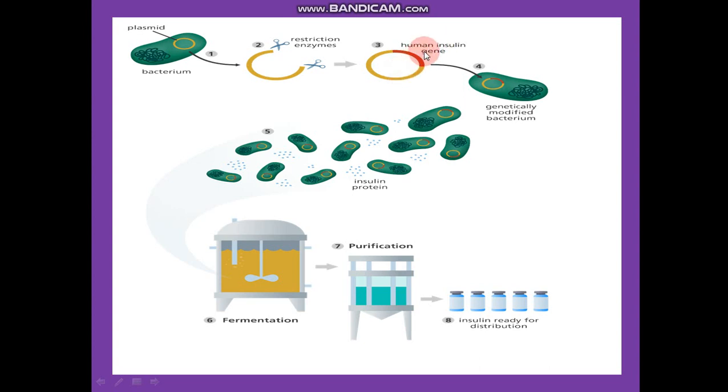In different books, in different literature, you will find different names given to this gene which has been incorporated in the plasmid DNA. So what are the names? Gene of interest, insert DNA, or target DNA.